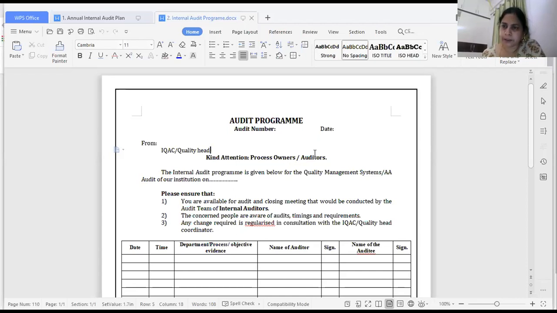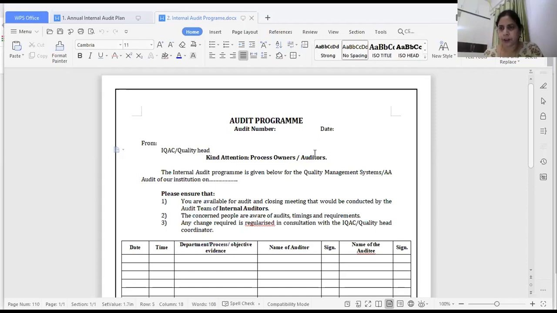Then that person will say, here are some possible dates, out of which you have to fix one day, and you have to inform the process owner 1 week before through this format called the audit program.